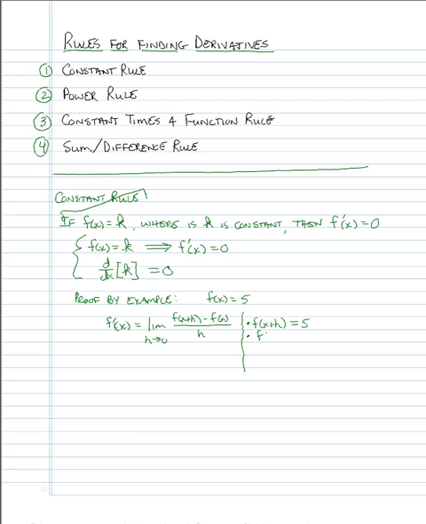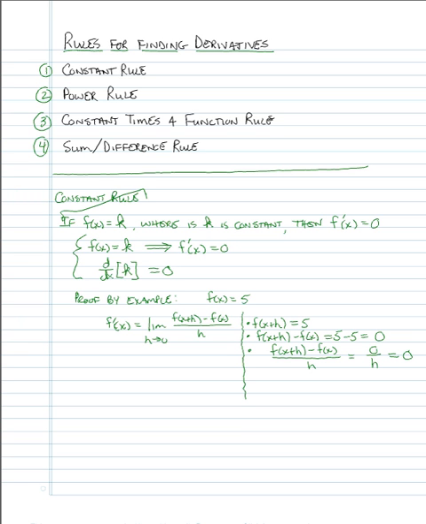Now, the second step is to find f of x plus h minus f of x. But f of x plus h is 5, and also f of x is 5, and so we have 5 minus 5, or 0. And so, of course, when we calculate the fraction, f of x plus h minus f of x divided by h, we end up on top with a 0, on bottom with an h, but that fraction will just be 0.